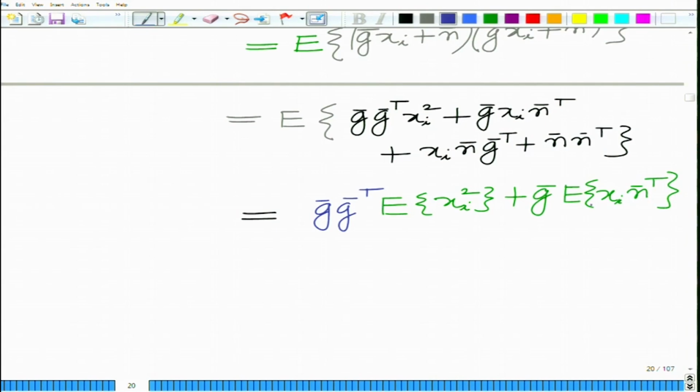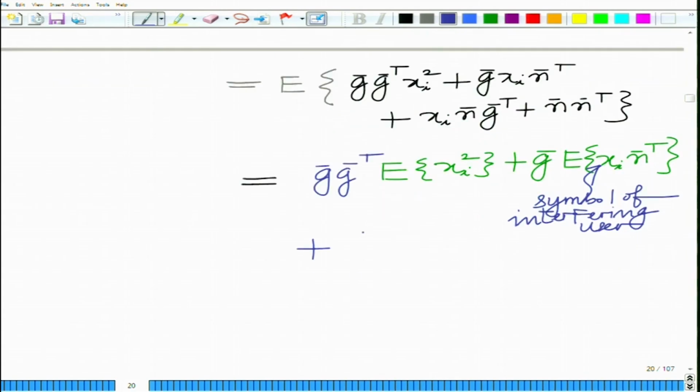Remember, xi is basically the signal, or you can think of this as the symbol of the interfering user. Plus you have the expected value of xi n bar G bar transpose, plus the expected value of n bar n bar transpose, which is the noise covariance that we have previously seen.